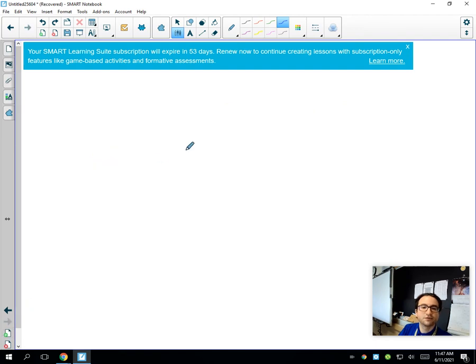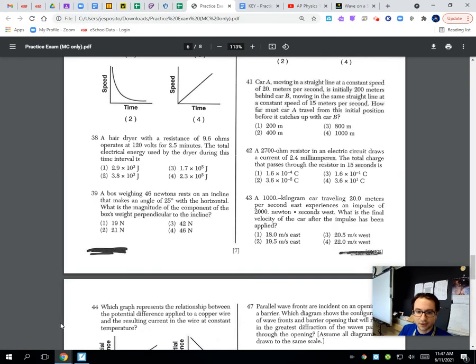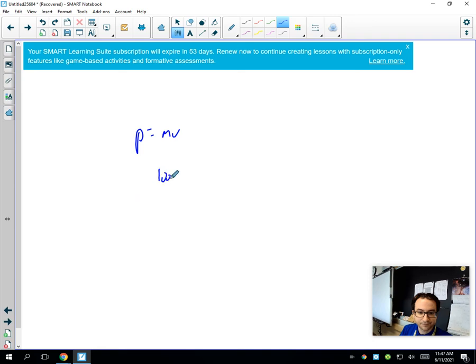So I apologize for not writing equations as I'm writing this, but momentum is mv. We have our 1,000 times 20, 20,000 units of momentum. Take away 2,000 because it's west, that's why it's negative. We have 18,000 units of momentum remaining.